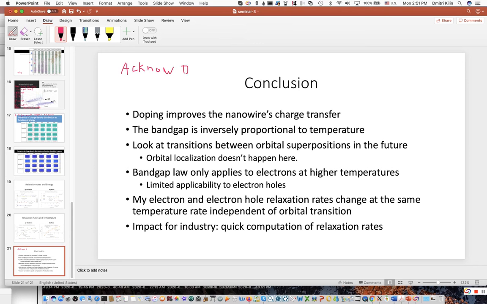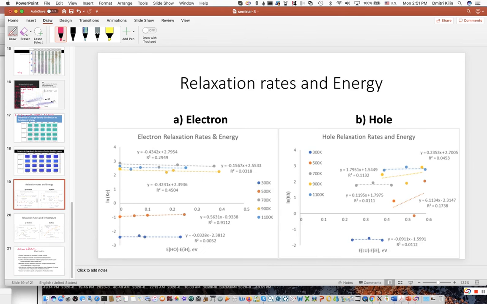And then on slide 19, I look at how my relaxation rates are changing with energy. On the y-axis, I take the natural log of the relaxation rates of my electron and my hole respectively, and on the x-axis, I have my change in energy. On panel A, I look at my electron relaxation rates.